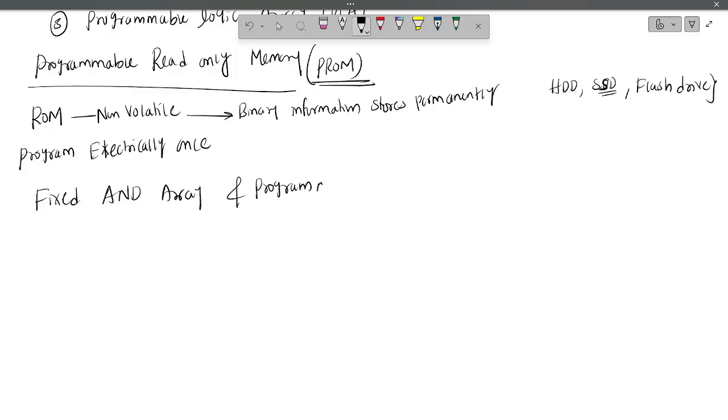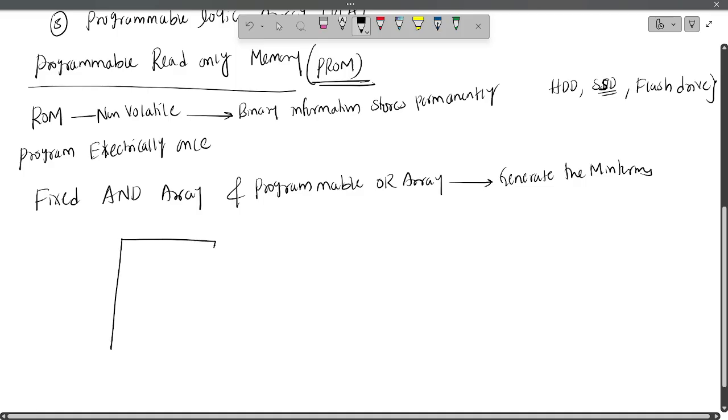By using this PROM, we can generate all the minterms. Here you have the fixed AND array.